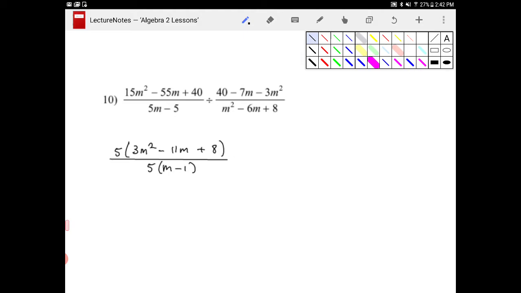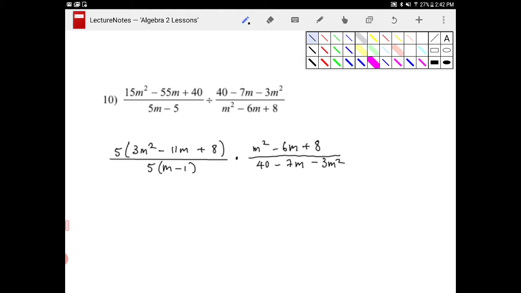And I am going to flip the second fraction to have m squared minus 6m plus 8 over 40 minus 7m minus 3m squared.